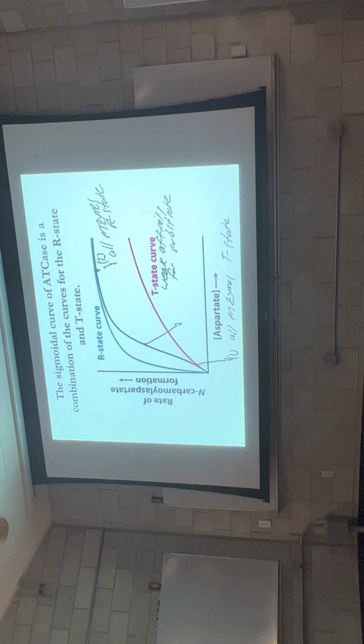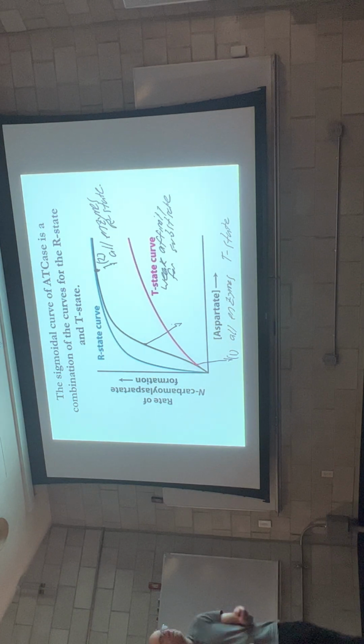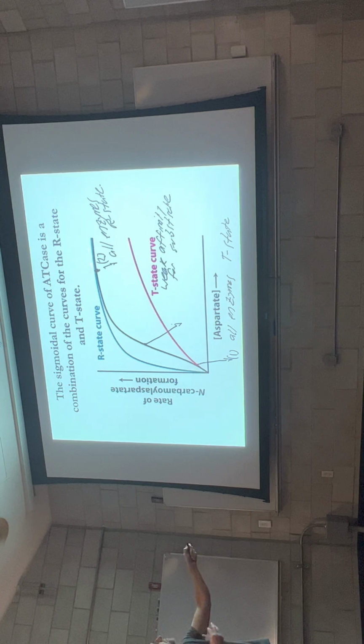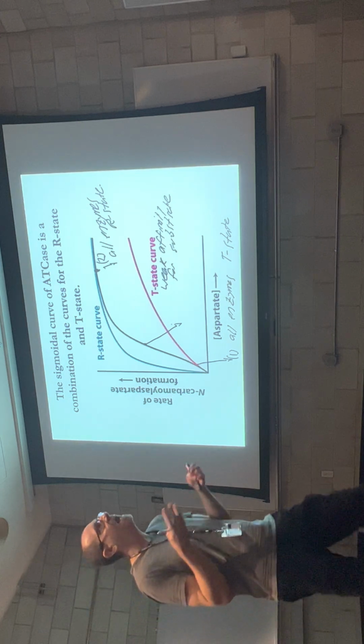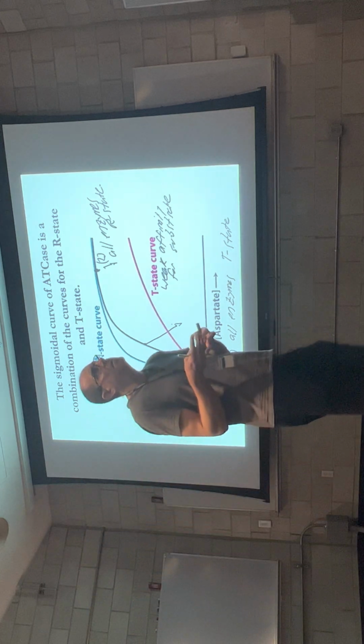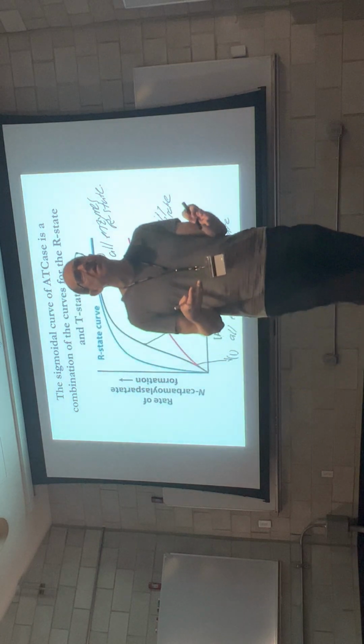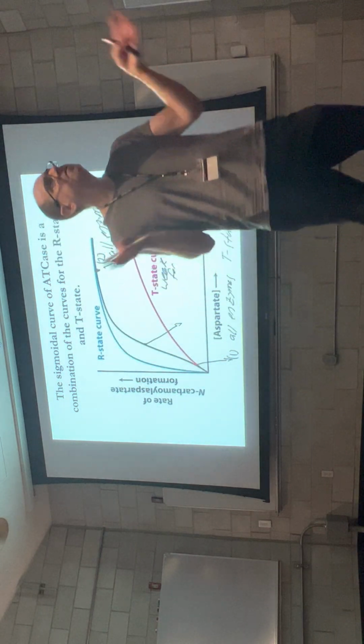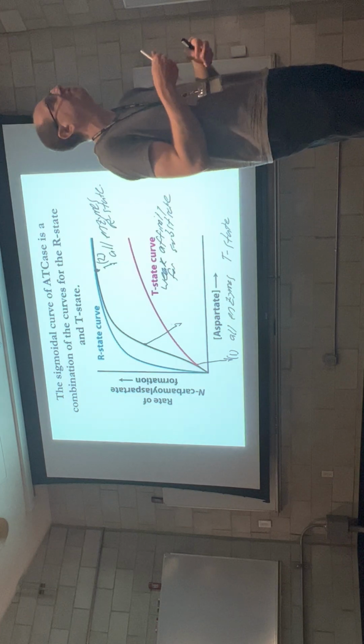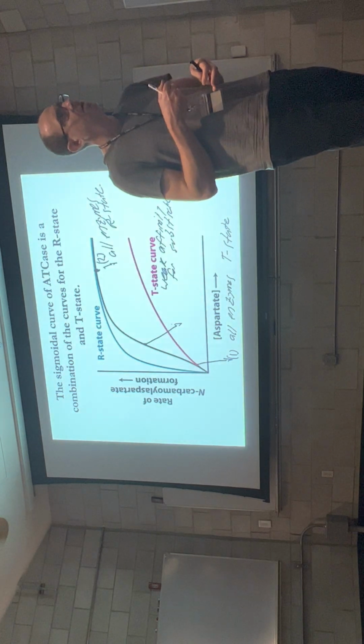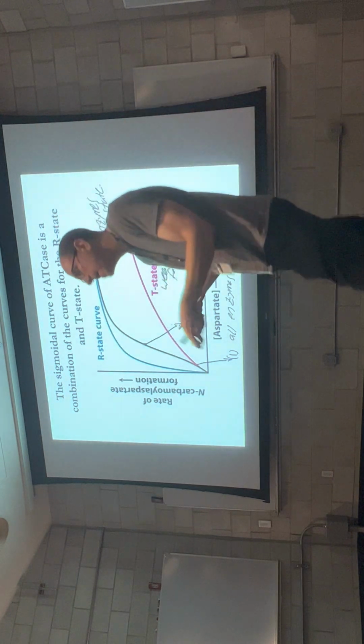So what's happening in the special case here where the black line diverges from the pure R state curve or the pure T state curve? Well, what we can see is that it's really just a blending. What you have to imagine, again, is that we're observing a solution, guys, of hundreds of millions and trillions and billions of enzymes.